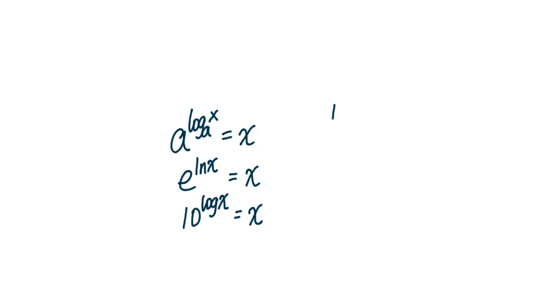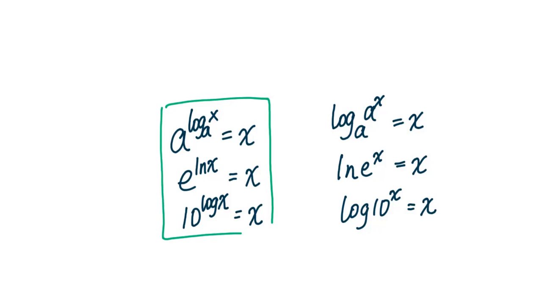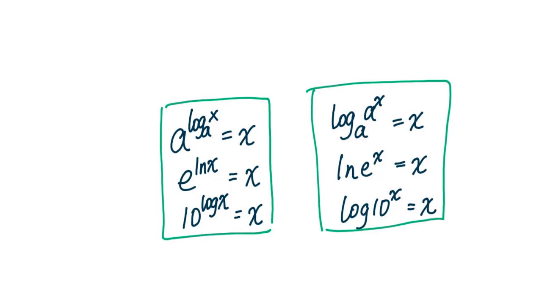If you have log base a of a to the x power equals x, then natural log of e to the x power equals x, and common log of 10 to the x power equals x. Try to remember these formulas for logarithms.